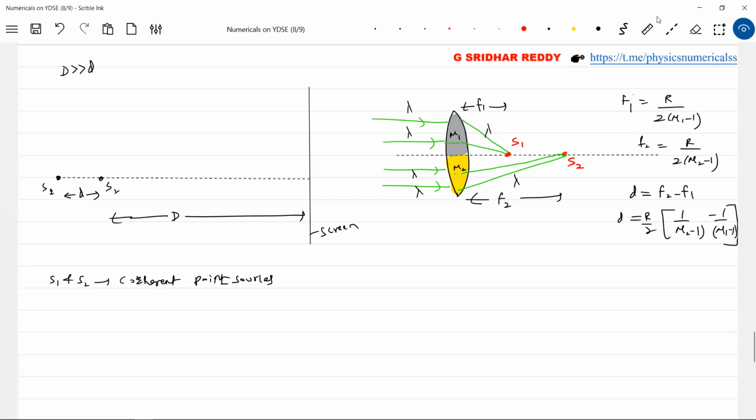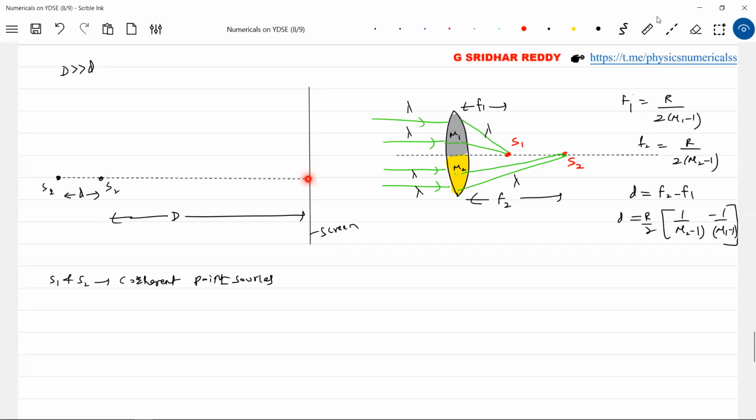After this, okay, let's come back here. Now first of all, I want to know how the pattern will be. Now let's come to this one. It all depends on d, no? If small d is equal to lambda, then the path difference of the rays arriving here will be lambda.